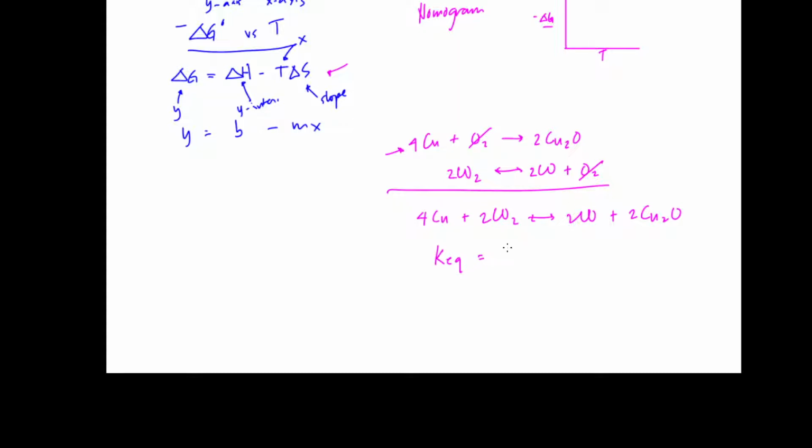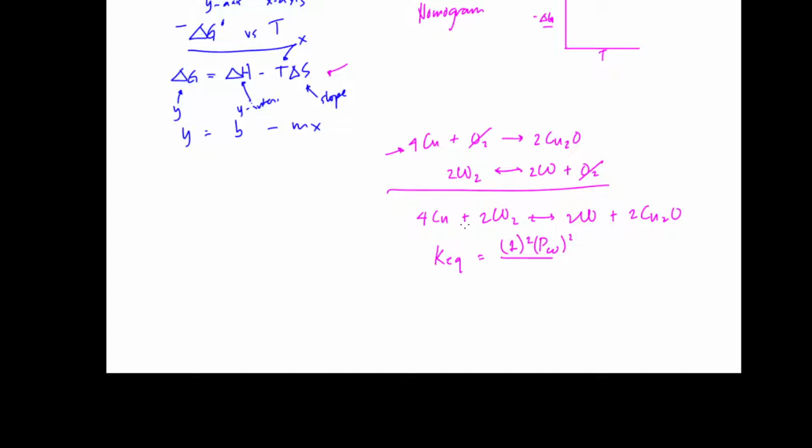So, K eq nito is activity ng products, which is 2Cu2O, which is a condensed phase. So, that's just 1 squared, plus activity ng 2CO, which is our partial pressure ng PCO squared.